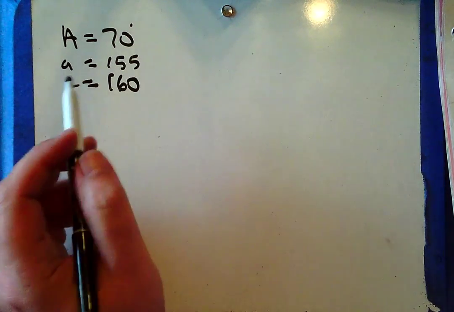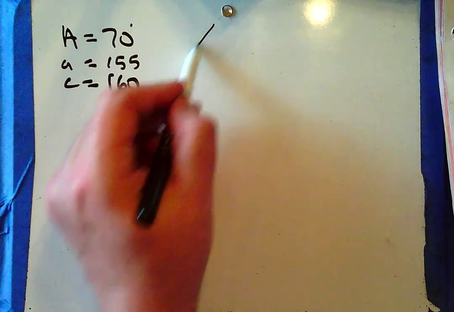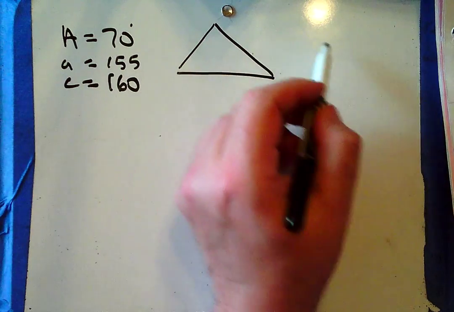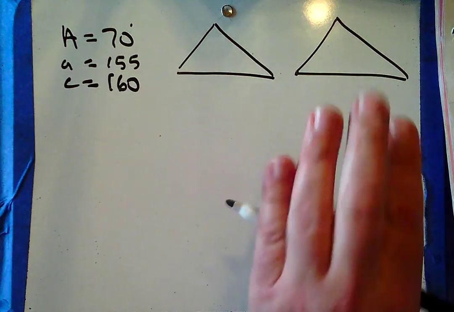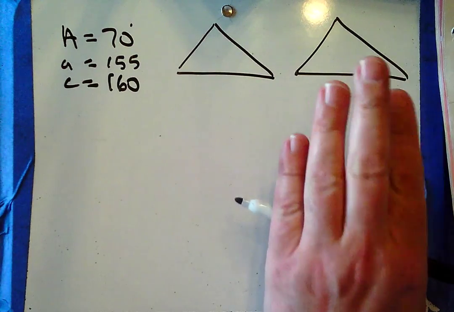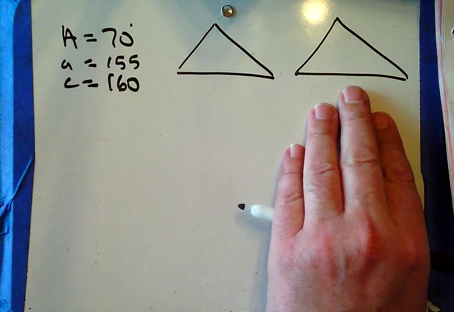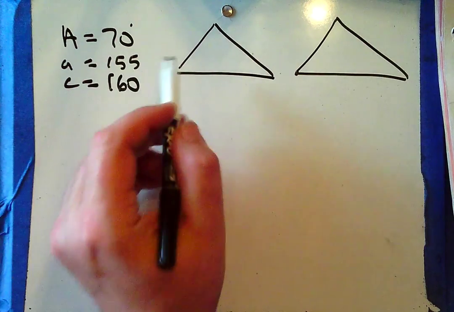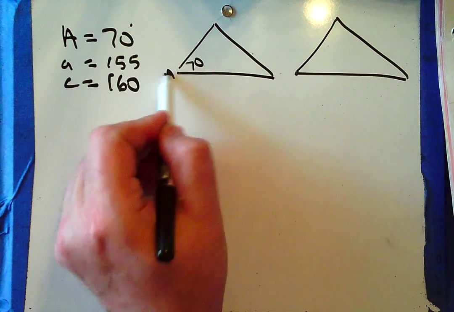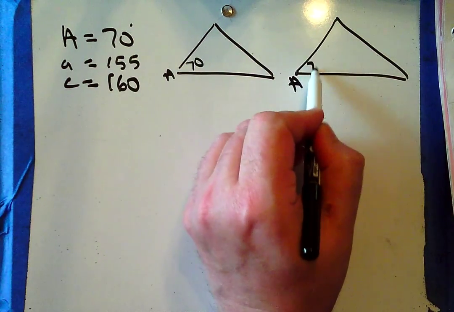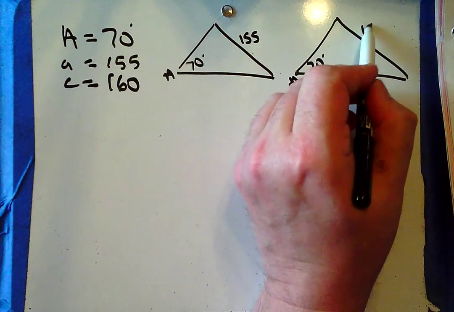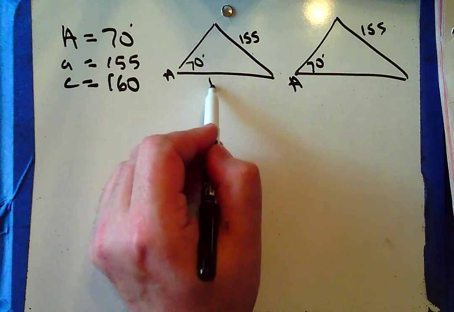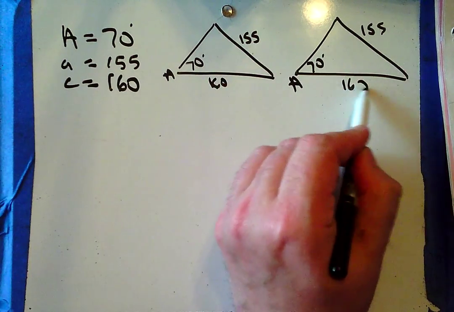Because I know there are two solutions, I'm going to draw two triangles. As soon as I identify that there's a second solution, I draw a second graphic organizer. What's going to be true in both of these triangles is that all the given information will be the same: 155, 155, 160, 160.